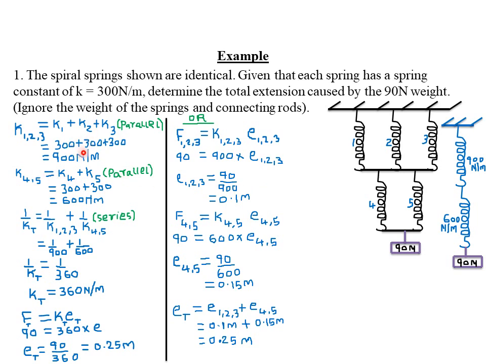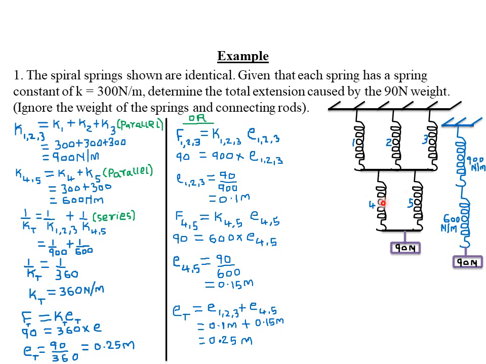That means we have already combined K1, K2, and K3 into one, which we found as 900 Newton per meter.